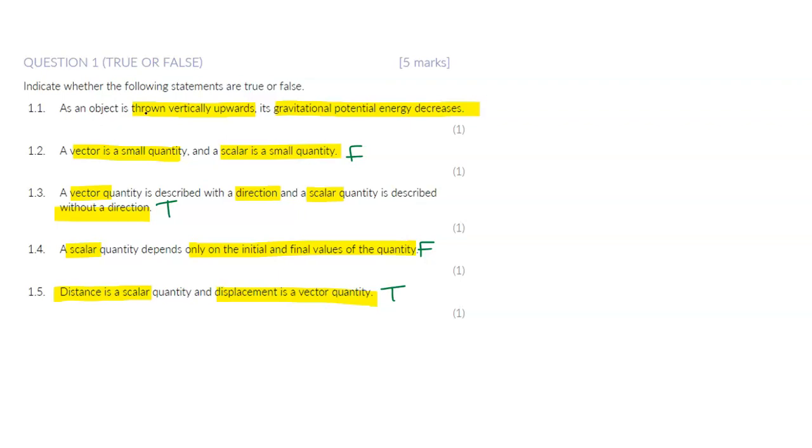So the only one that we still need to do is 1.1, and that's actually a carryover from energy. It shouldn't be here, but let's just double check it again. So an object thrown vertically upwards, they want to know what happens to the gravitational potential energy. So here at the bottom, mgh, we will have a 0 potential energy because we are on the ground, so our h value is 0.